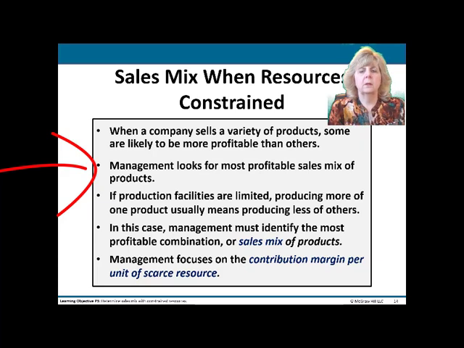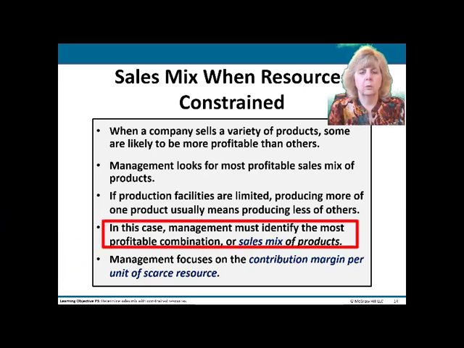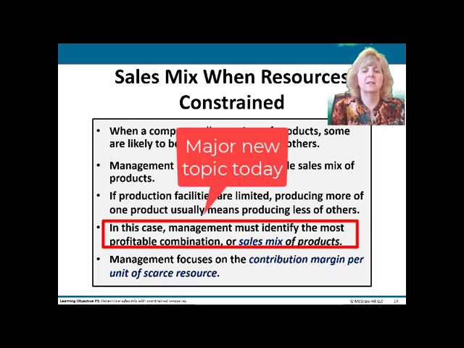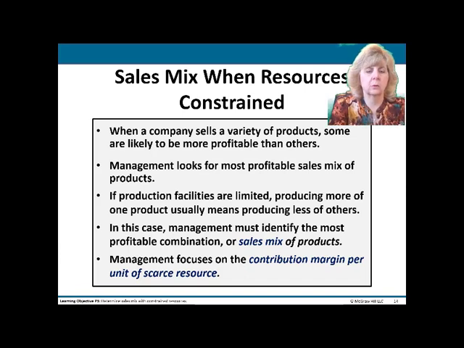If production facilities are limited, producing more of one product usually means producing less of others. In this case, and what this whole topic is about today, management must identify the most profitable combination, which your author refers to as the sales mix. And if there are constraints, then management will focus on the contribution margin per unit of scarce resource.